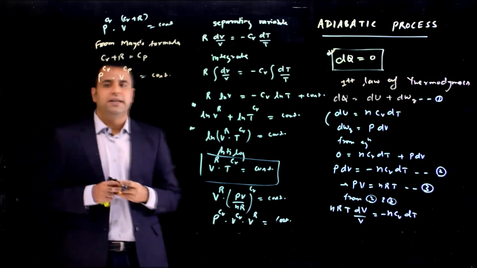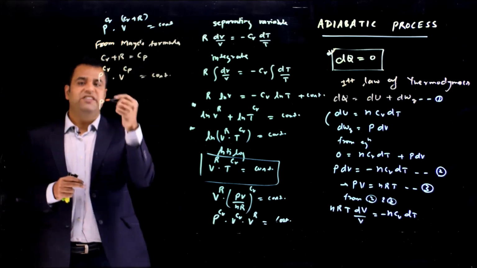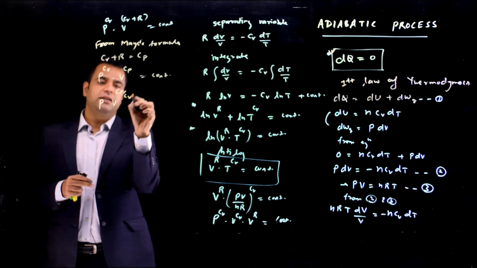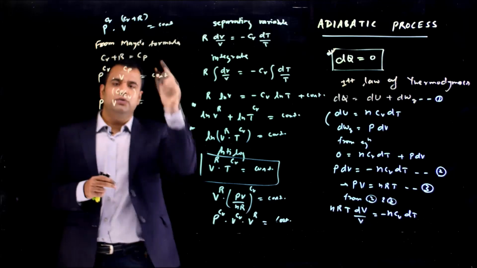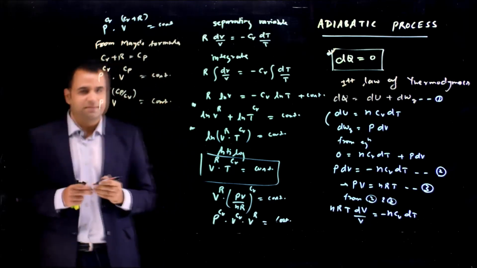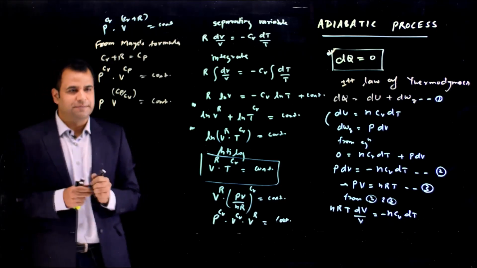If on both sides we take the root in terms of Cv, we'll have P to the power Cv upon Cv, V to the power Cp upon Cv is equal to constant to the power 1 upon Cv, which is again a constant. So now we have an equation in terms of P and V.